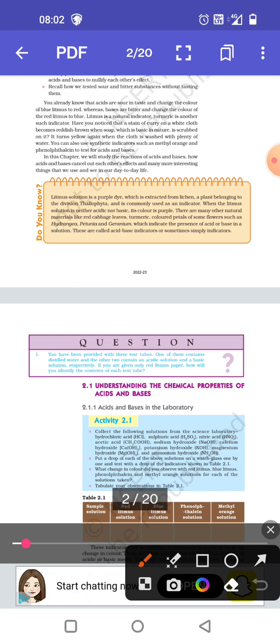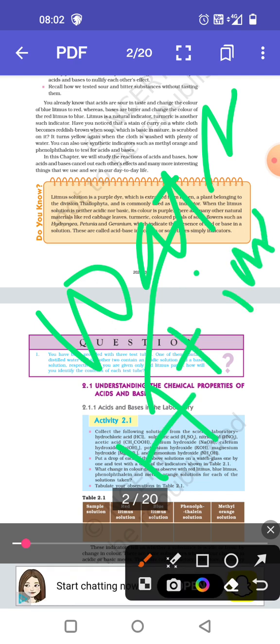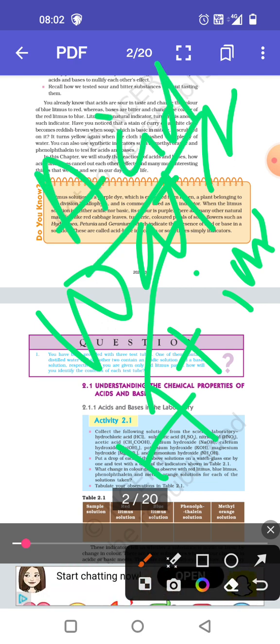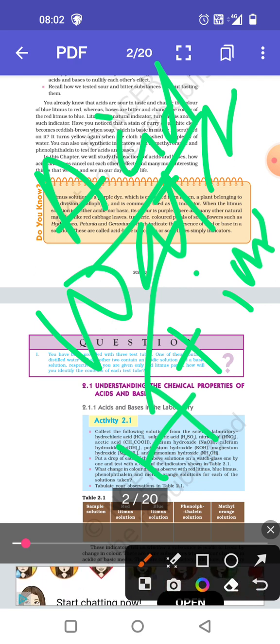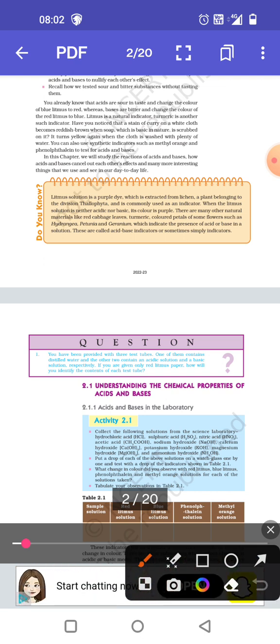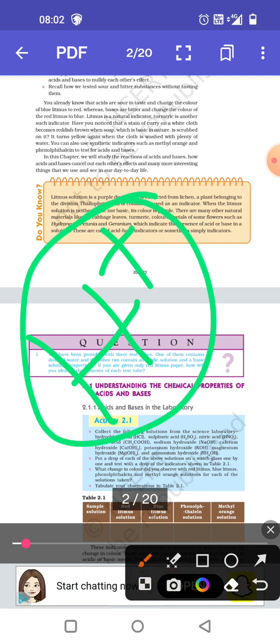Those chemicals that dissolve in water to release H plus ions, they are acids. Once again I repeat, those chemicals that dissolve in water to release H plus ions, they are acids. Then what do you mean by H plus ions?